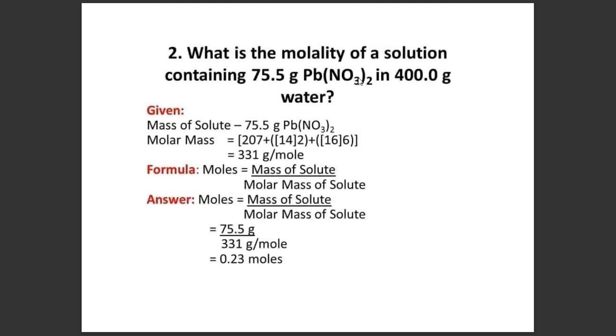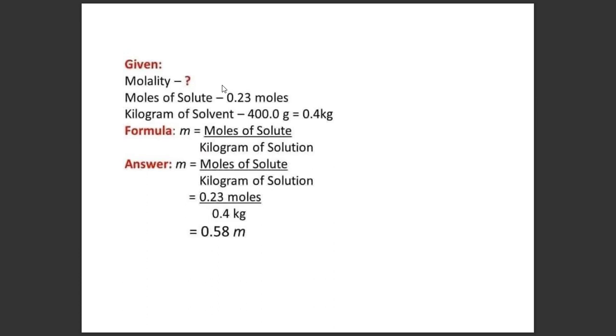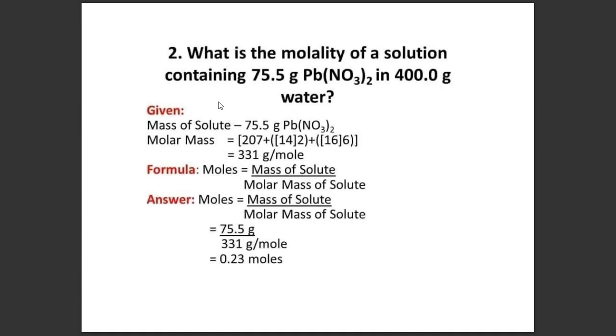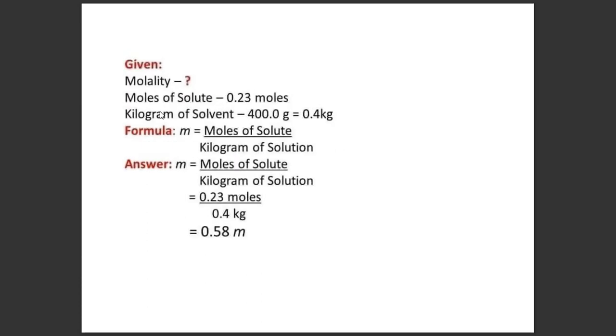Then how do you convert the solvent to kilograms? It's very simple. Molality is not known yet. We found the moles of the solute to be 0.23 in the previous step. The solvent, which was 400 grams, is equal to 0.4 kilogram, dividing by 1000.